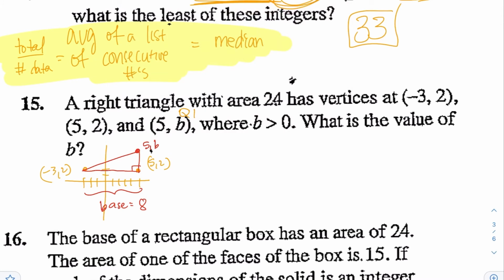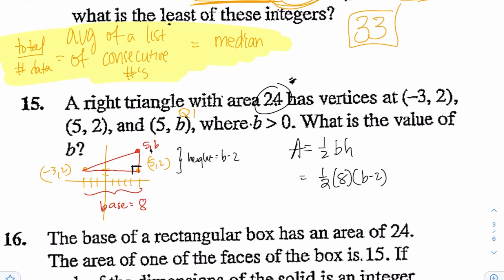And we want to know the height, so for b, the height will be b minus 2. And since we know the area is 24, the formula for the area of a triangle, specifically a right triangle, which is what we have here, is 1/2 base times height. So the base is going to be 8. The height is going to be b minus 2. And the area is given as 24.